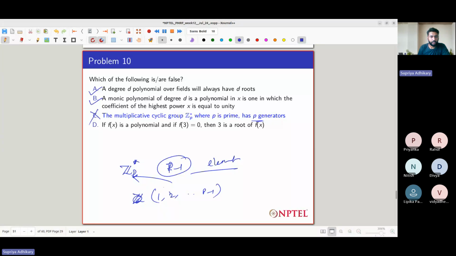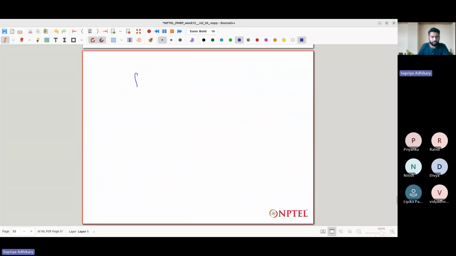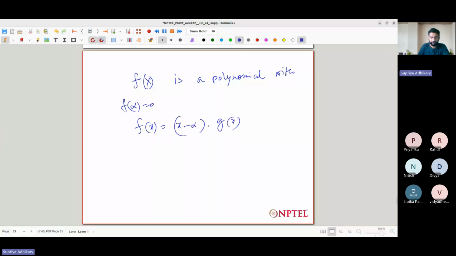And option D says that if f(x) is a polynomial, and if f(3) is equal to 0, then 3 is a root of f(x). This is also very easy, because in the lectures we had seen the proof that if f(x) is a polynomial with f(alpha) equal to 0, then we can write f(x) as (x minus alpha) multiplied by some g(x).